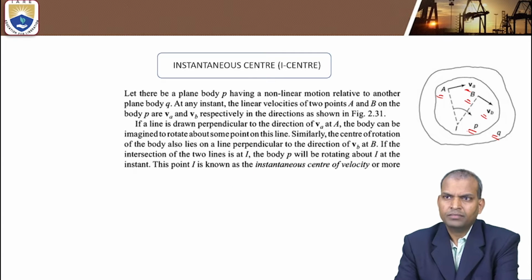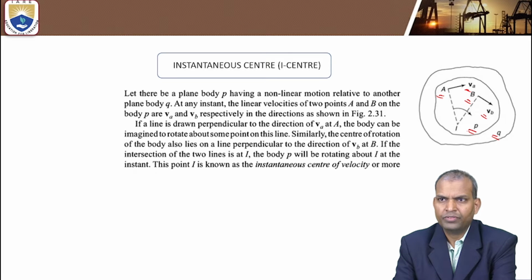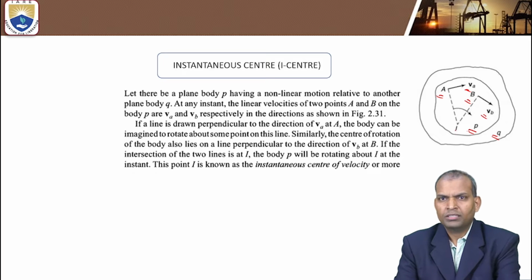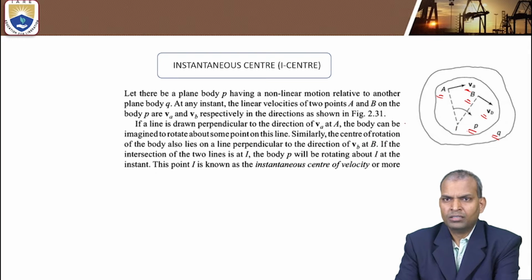If you draw lines perpendicular to the directions of the velocities VA and VB, and those two lines intersect at one point, that point is known as the I point. Here it is imagined that the point A is rotating about center I. Similarly, point B is also rotating about I. It is the common point.